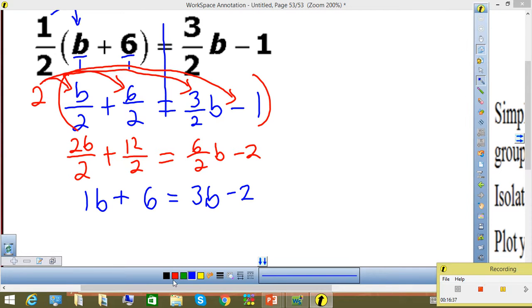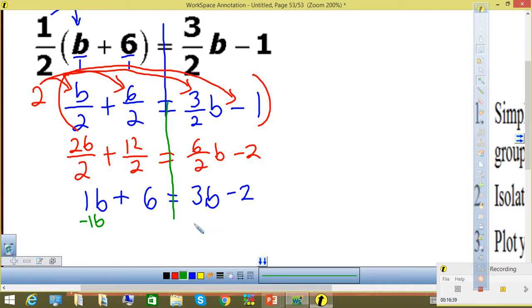Okay, let's see. Jose, what do I do from there? Subtract 1b to each side. That is correct. Pass it to someone. Who? Reniel, what do I do?